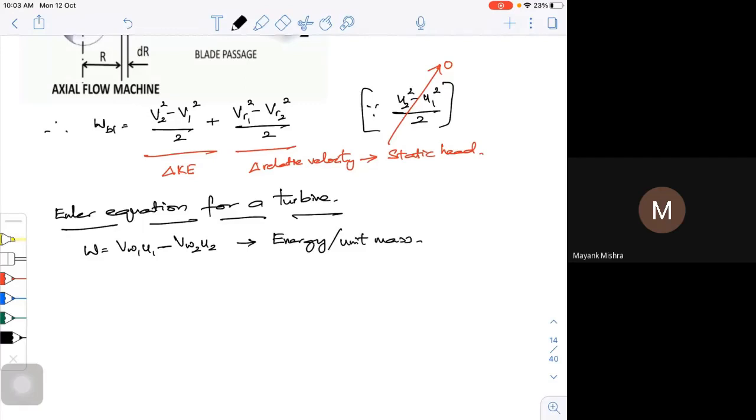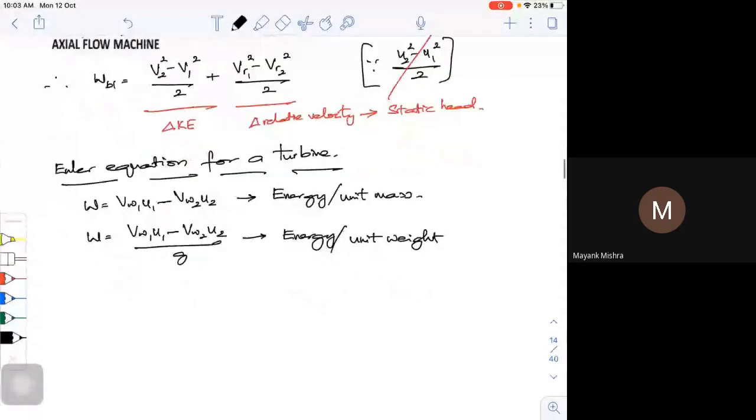The same thing for unit weight will be VW1 into U1 minus VW2 into U2 divided by g. This is energy per unit weight.